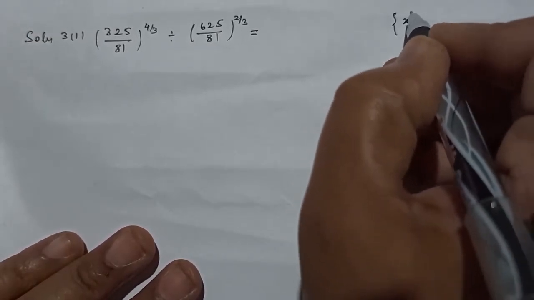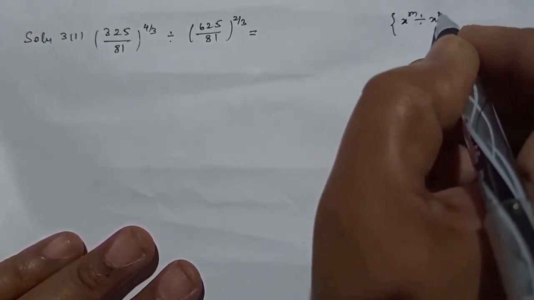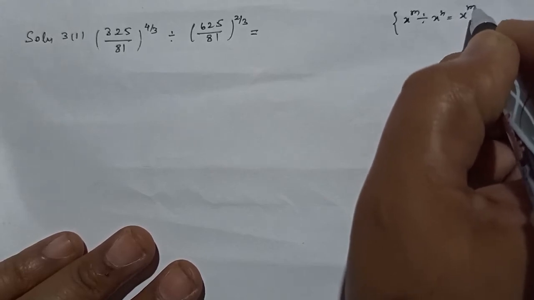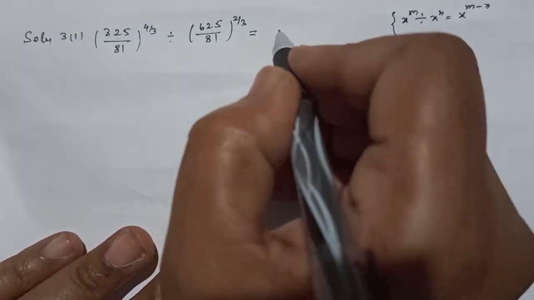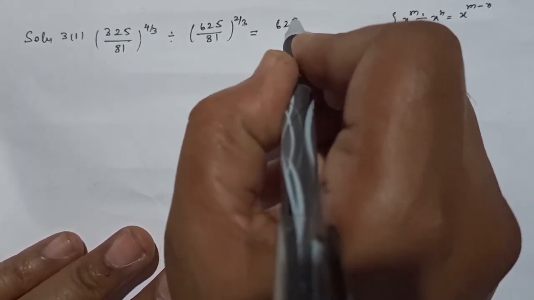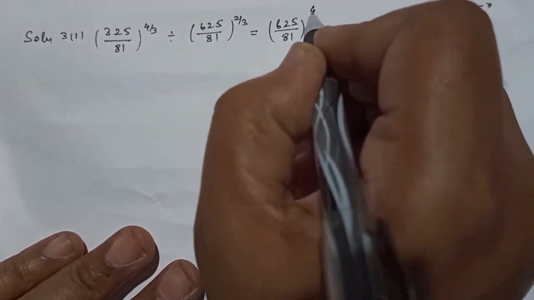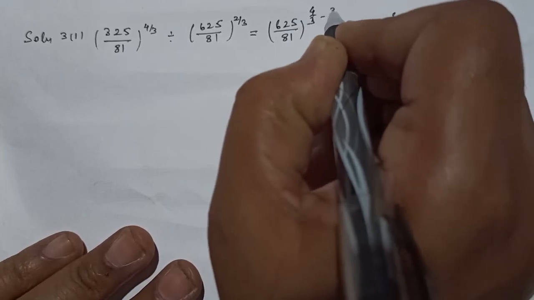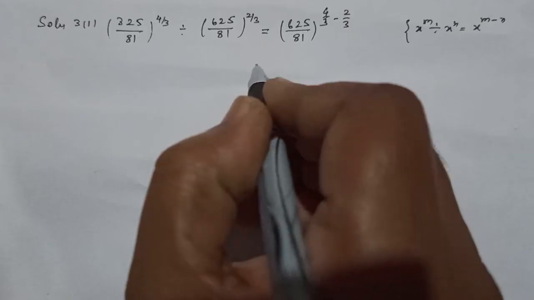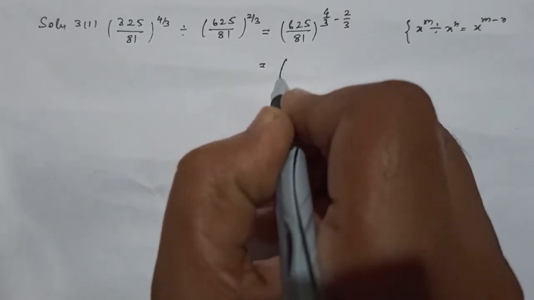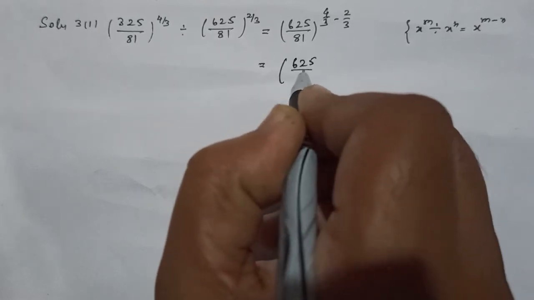Using formula x to the power m divided by x to the power n is equal to x to the power m minus n, we get 625 upon 81 whole to the power 4 by 3 minus 2 by 3.